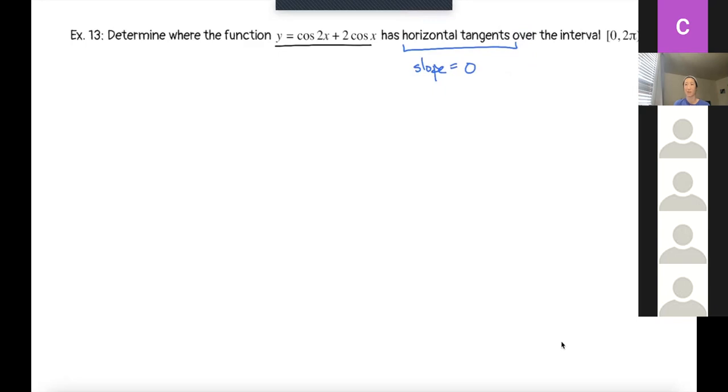Instead of saying slope, we have another way of saying slope. Derivative. Okay, so we're really saying y prime equals 0. That again is a connection I want to make sure we have real tight in here. Horizontal tangent, slope is 0. But now we need to feel comfortable in that next step too, that slope means derivative. And so we're really looking for where the derivative equals 0. Make sense?